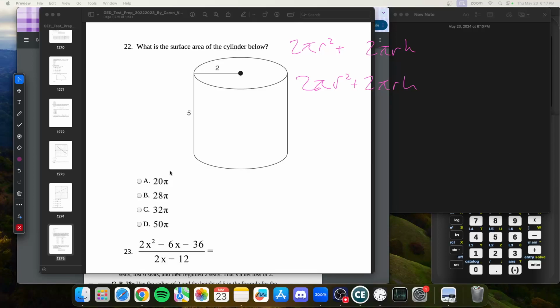If you guys don't know, r is the radius, and h is the height of the cylinder. You should know that. You need to know that for the test.